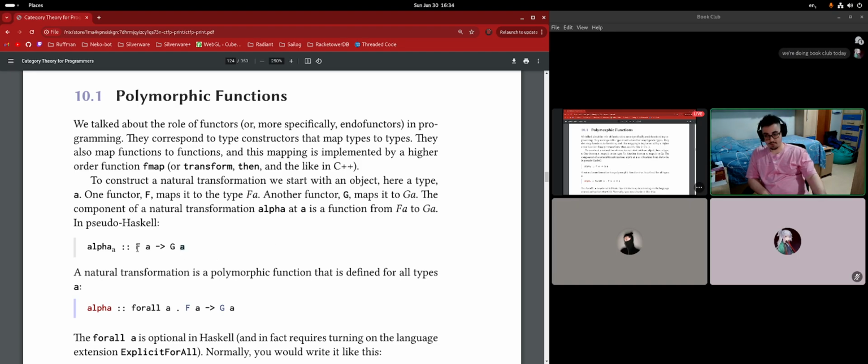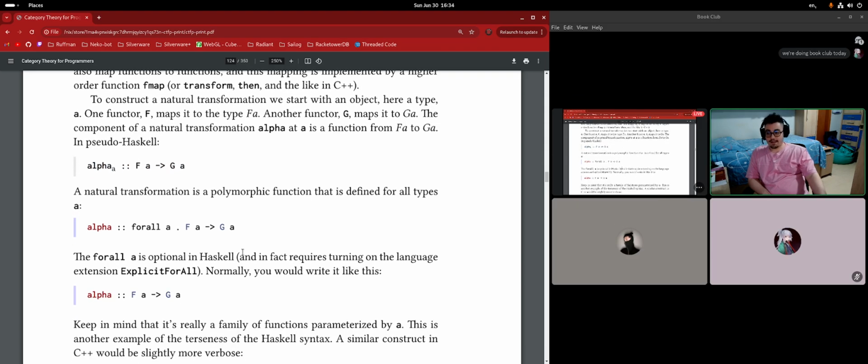So this would be the type signature of that. A natural transformation is a polymorphic function. So this is when you're using the explicit for all, but in Haskell this would be enough.